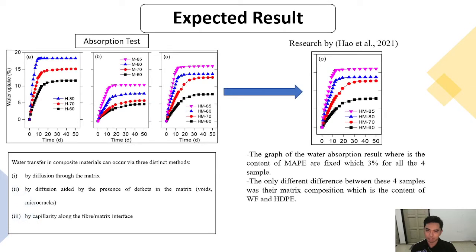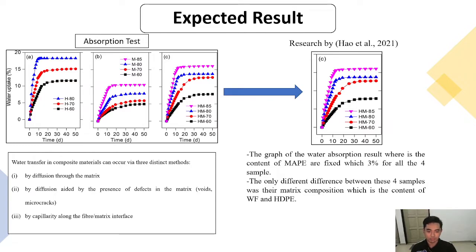The next expected result is on the absorption test. From the figure, which has A, B, and C, we just focus on figure C, which is the result of the absorption test by the combination of loading of MAPE, wood dust, and polymer.